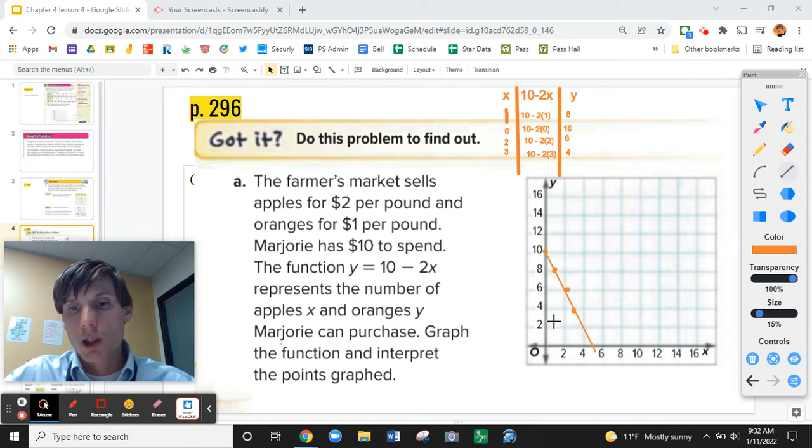When we buy 2 pounds of apples, we can get 6 pounds of oranges. And lastly, we can go all the way here and say when we buy 5 pounds of apples, it would be $10. We'd have 0 left for oranges, because at that point it's 5 over 0 up. So we can plot it, we can read it, etc.